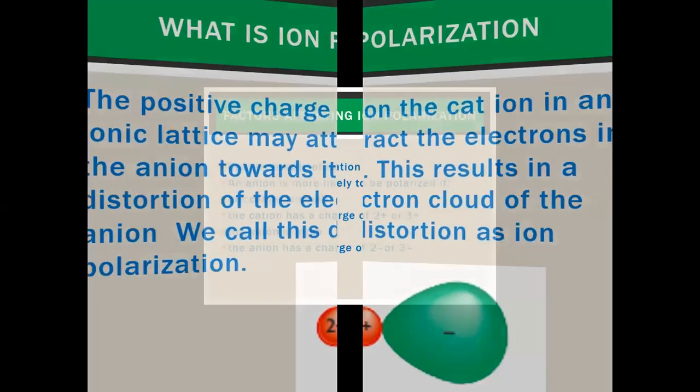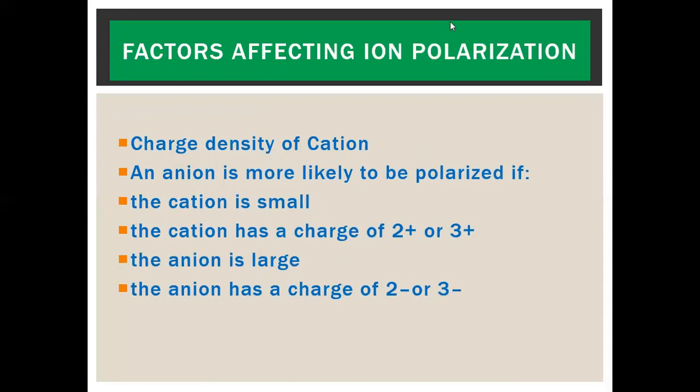Factors affecting ion polarization. These are the factors which affect ion polarization. Number one, charge density of the cations. You know very well, the smaller the cation, the more the charge density, and the larger the cation, the less the charge density.